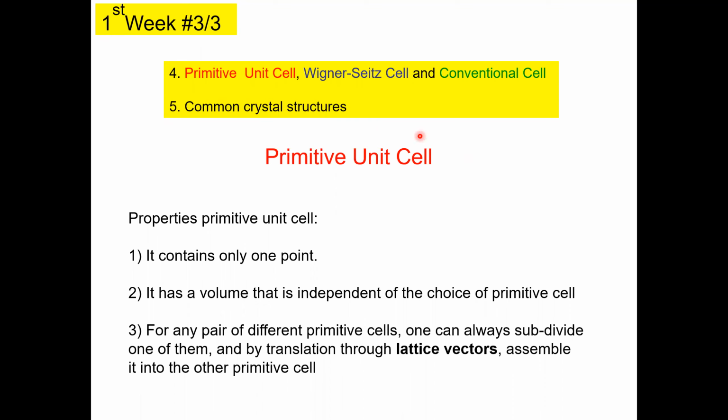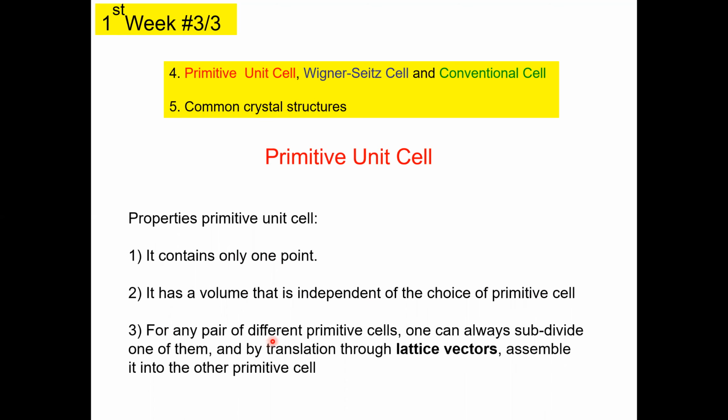Let's take a look at the definition of primitive unit cell. What is the definition? It contains only one point. I will show you in the next slide what I mean by only one point, okay? And it has a volume that is independent of the choice of primitive cell.